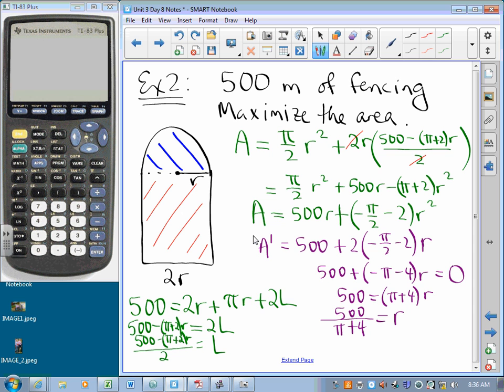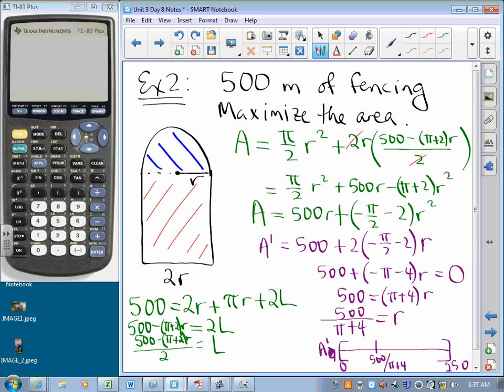Whatever my interval is, r is going to have to be positive. This is an A prime chart. R is going to have to be positive, and it can't, I imagine, be any more than 250, because if r is 250, then I just have flatness. So this spot right here is the only critical point on the interval.